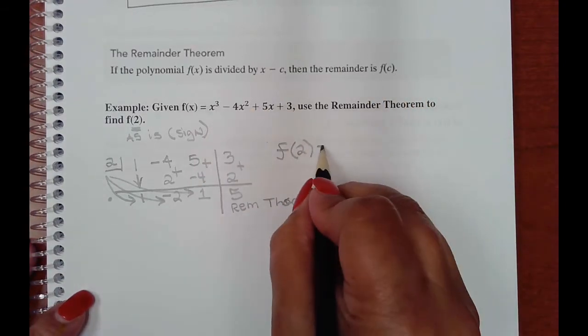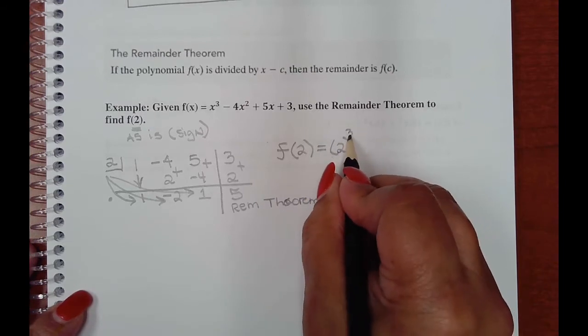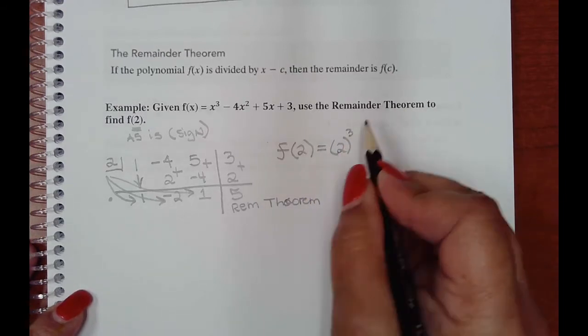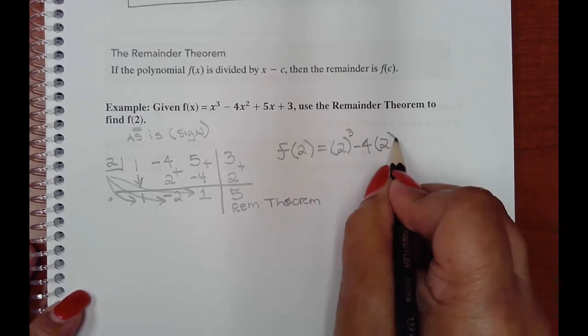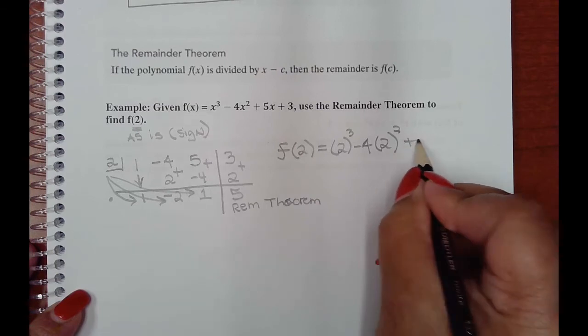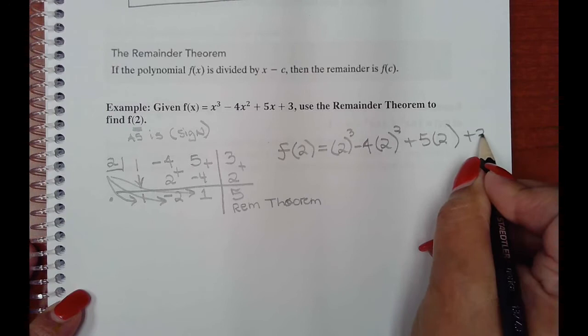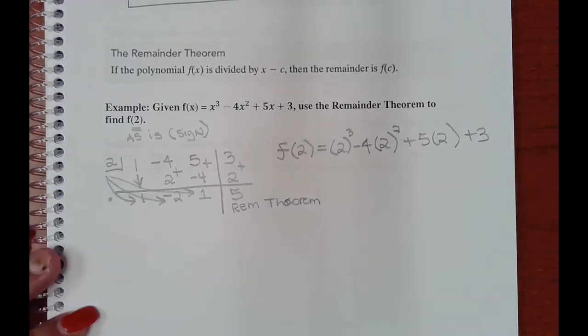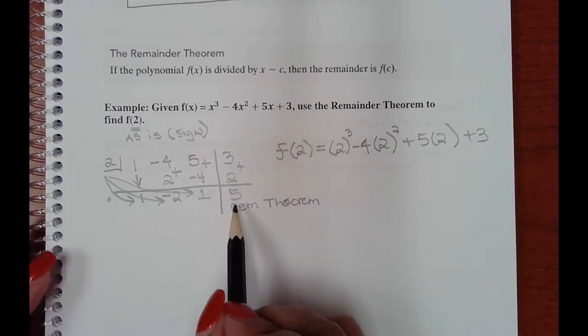So you can do that if you want to, but that's just a lot more work, even if you press it in your calculator, because you'd have to plug that in, then you'd have to plug in negative 4 times 2 squared, then you'd have to plug in a 2 again here, and then you'd have to add 3. So by the time you press in all those multiplications and powers into your calculator, it's kind of a hassle. I think you get the answer much quicker here.